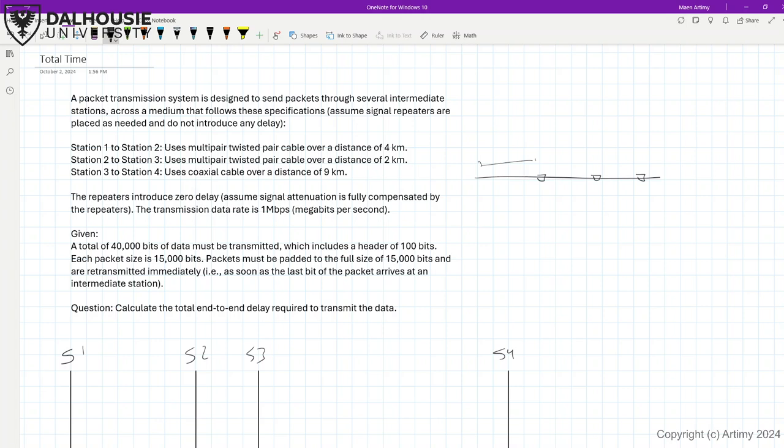So let's say every 1 kilometer or every 5 kilometers or whatever the requirements are. These repeaters are physical devices that take the signal and regenerate it again, boost it, and send it. But they introduce delay.